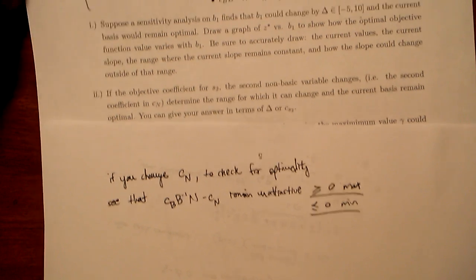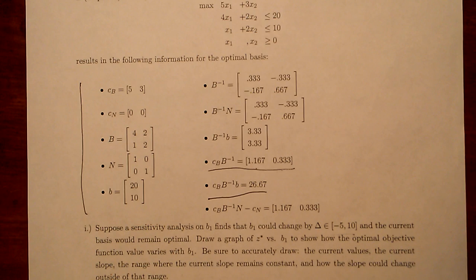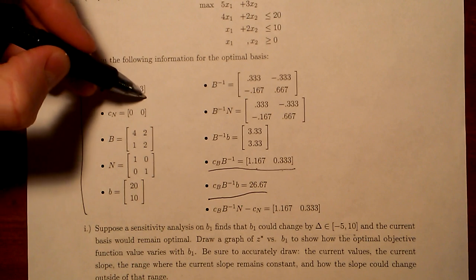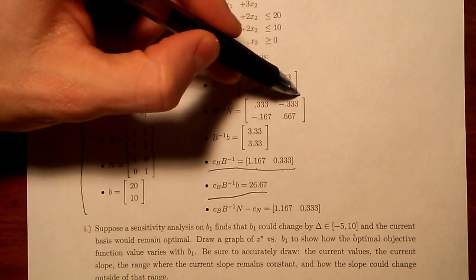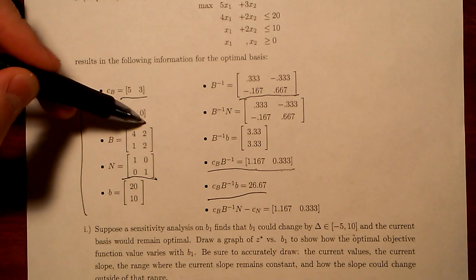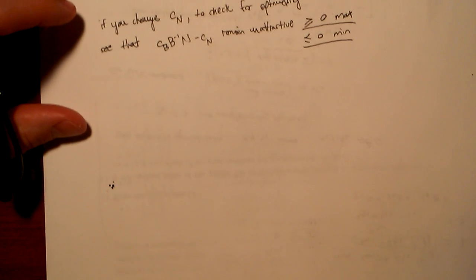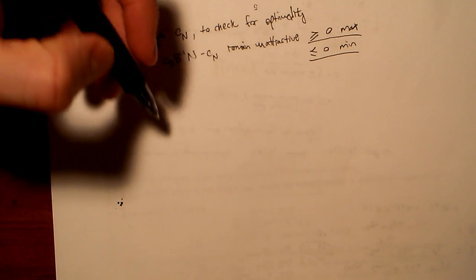In the information given in the problem, let me go back to here, we see everything we need to compute the reduced costs. Here's C sub B, here's B inverse, here's N, and here's C sub N. To compute the reduced costs, all we need to do is write those components out.